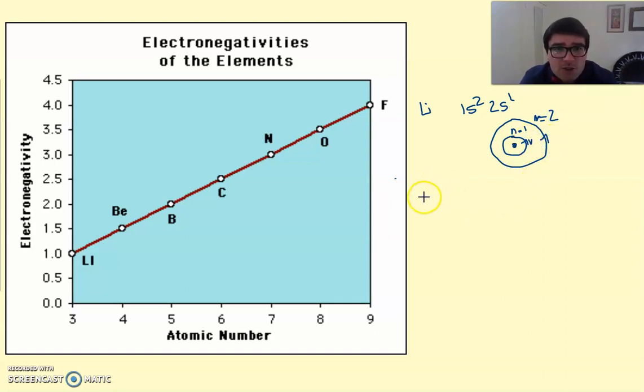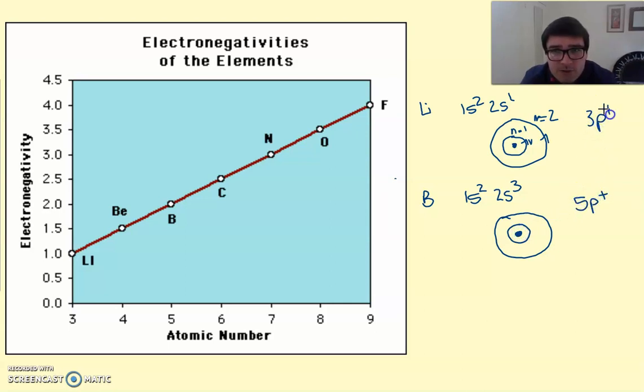If we go on to, let's say, boron, boron has got 5 electrons, so it's 1s2, and then it's 2s3. So we're still only in the second energy level. Okay. However, our nucleus now has 5 protons versus lithium's 3 protons.